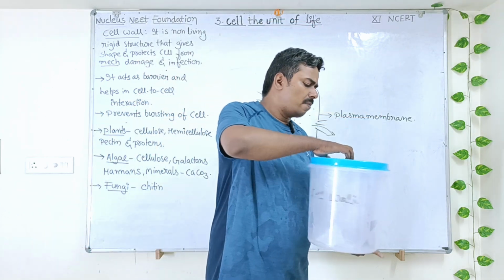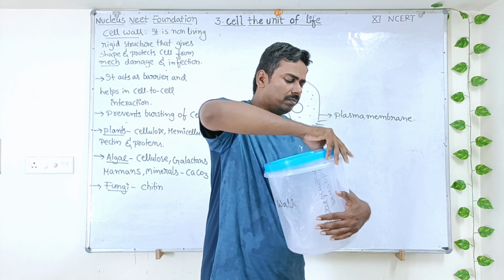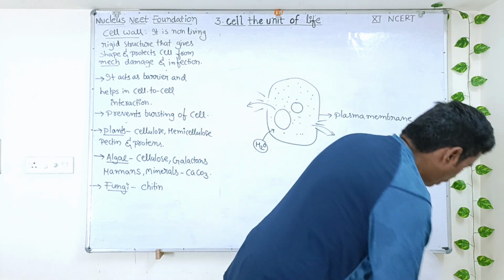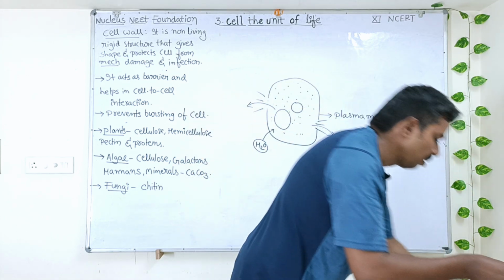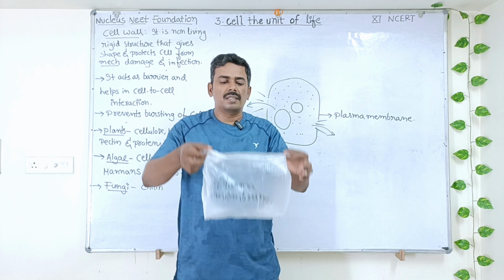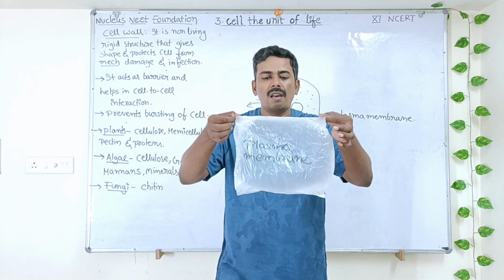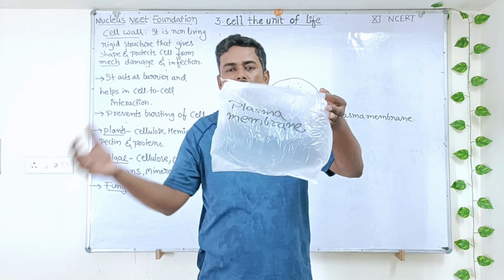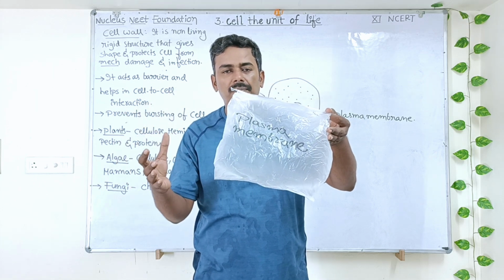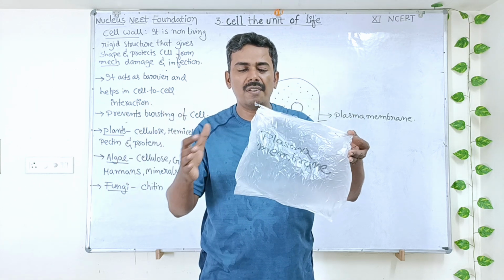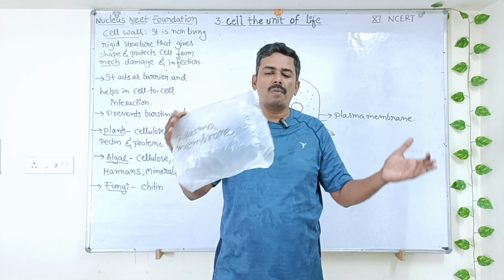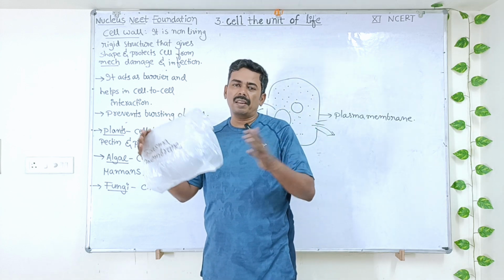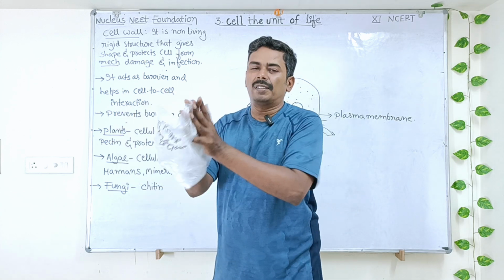Okay, so now I am removing the cell wall. So this is the cell without a cell wall. We can also call it a protoplast. Suppose imagine that the water has entered into the cell. Now it is completely inflated, and at one point the plasma membrane cannot tolerate that pressure.